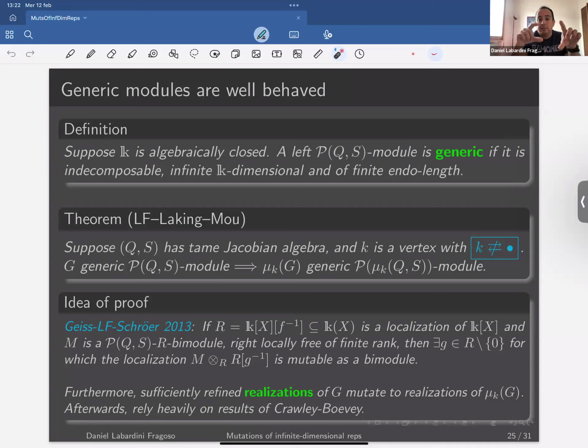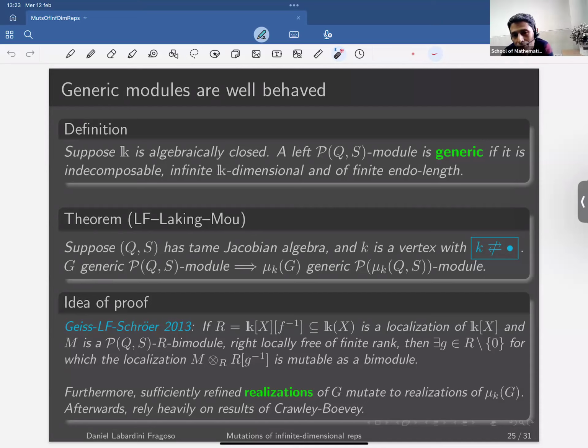But you see, it goes kind of transversally to the way that Angeleri Hügel and Rossi mutate co-silting, because they take an associative algebra, actually a finite dimensional associative algebra, but okay, whatever. They mutate co-siltings over that algebra. What we are doing is going to a new algebra, which is the new Jacobian algebra.